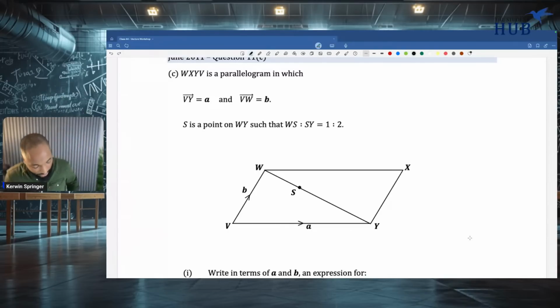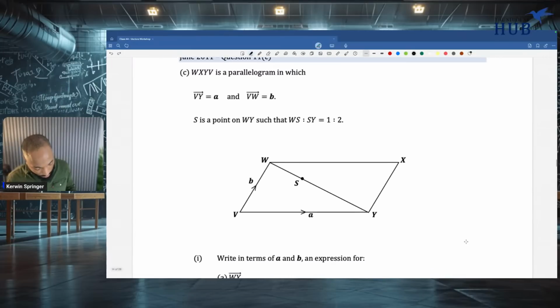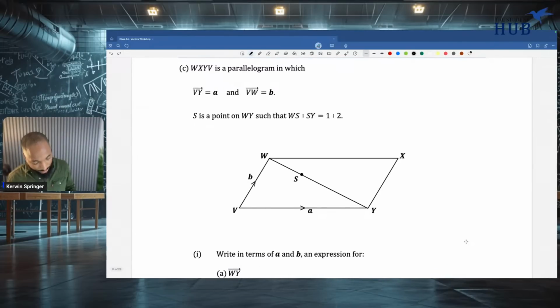So write in terms of A and B an expression for WY. You need to understand this carefully. Watch this. WS to SY is 1 to 2. Some people just run with the idea that S is the midpoint or something like that, especially if they had 1 to 3 here, they might just say this is a third of the way. If you see 1 to 3 here, that means split it in 4 most likely.